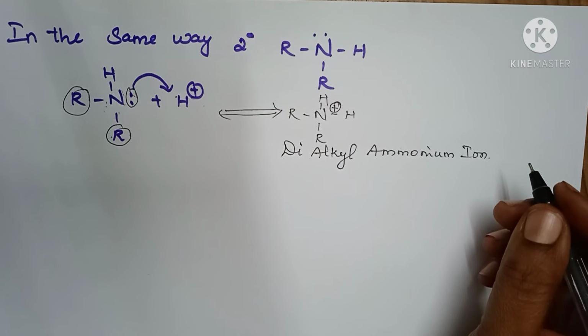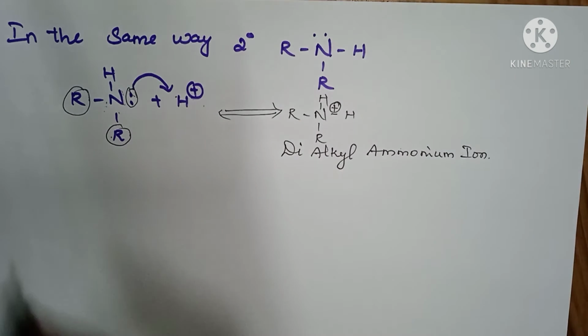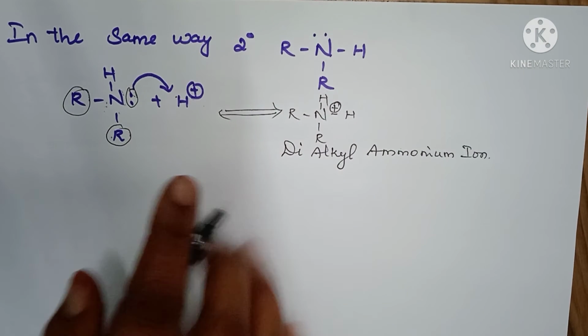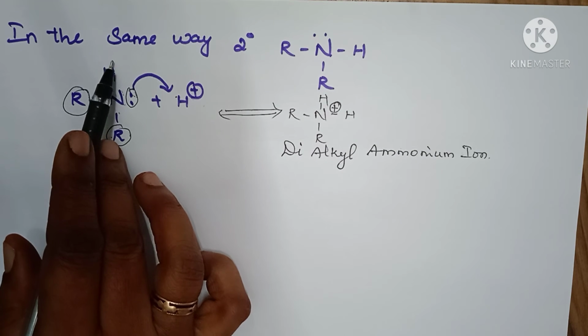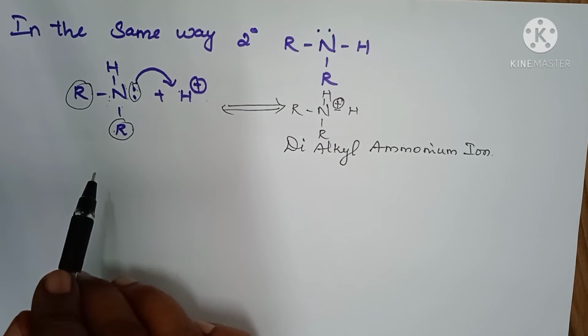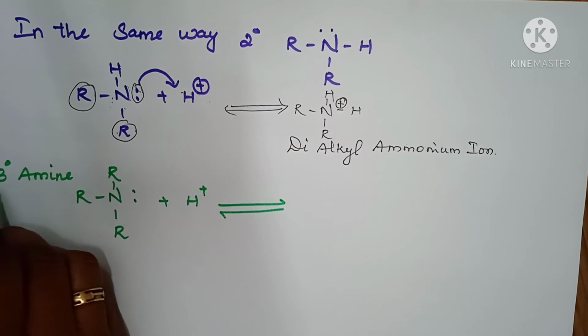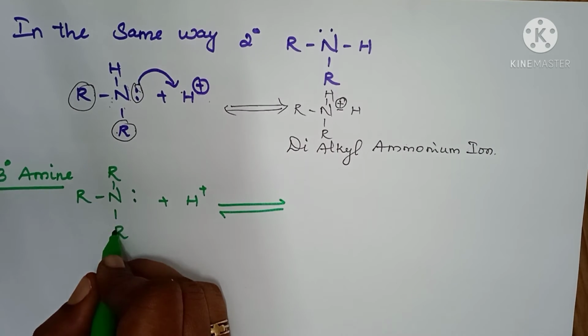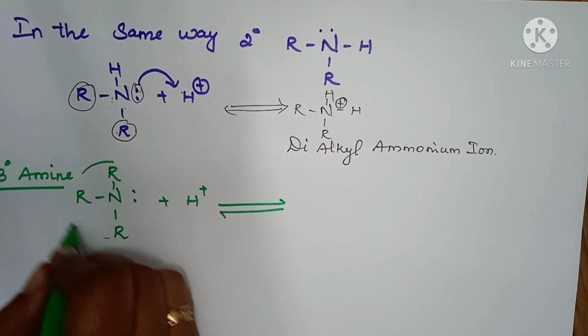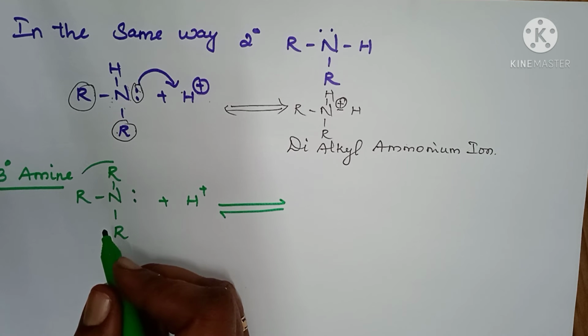Okay, now the next one. See, now tertiary also, but tertiary will vary. Why? Because the hydrogen bond in that place is nil. Okay, I'm coming to that point. Now tertiary amine, suppose you take all three sides, what is there? Alkyl groups are there. All three alkyl groups, usually the alkyl group is an electron releasing group, plus I effect.